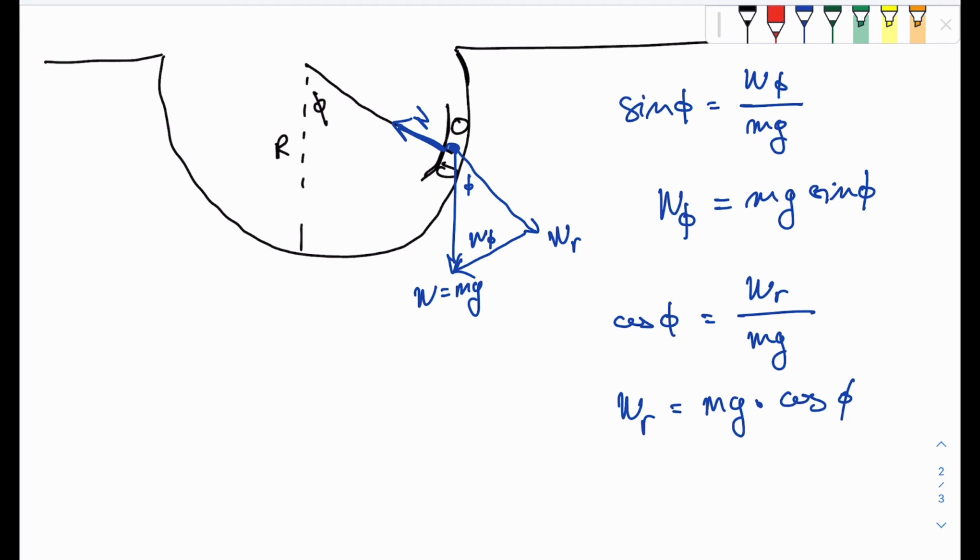We take this as the direction of plus r, the positive direction of r, and this is the negative direction of rotation. So clockwise is negative.